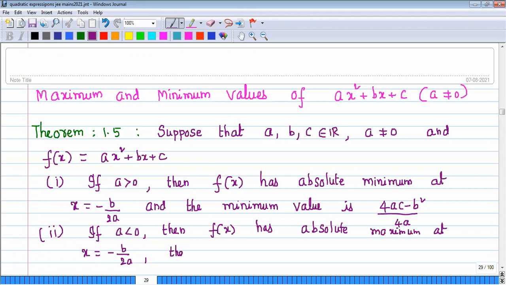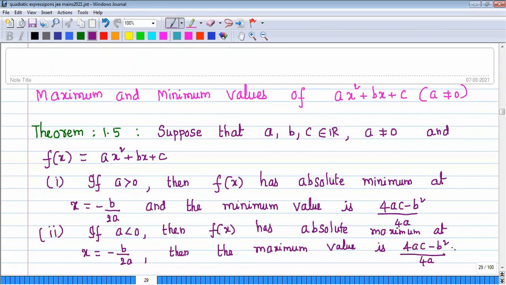Then the maximum value is 4ac minus b square by 4a.